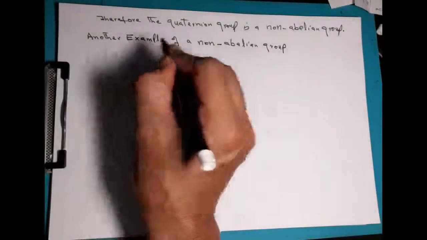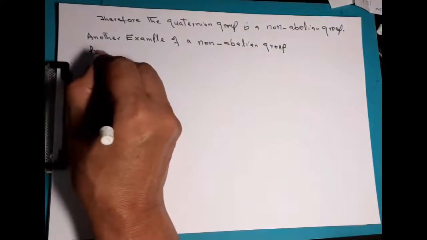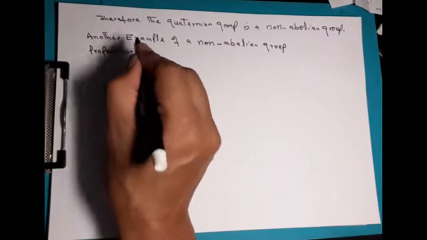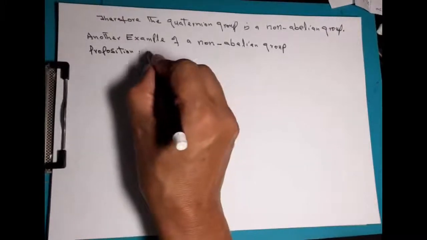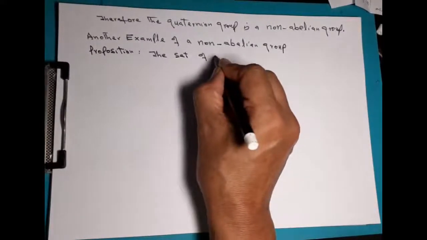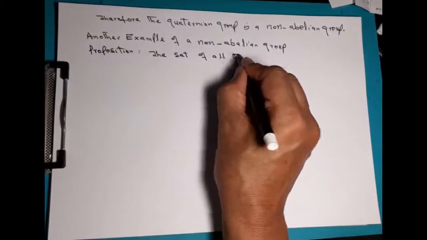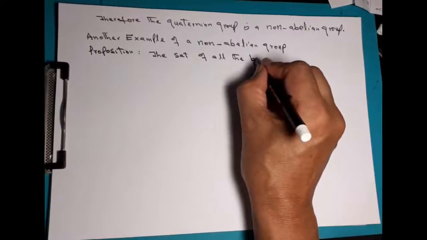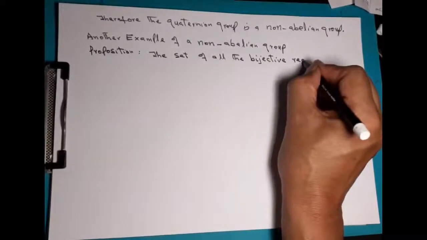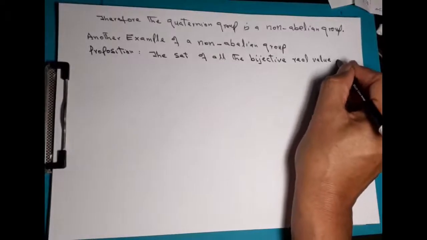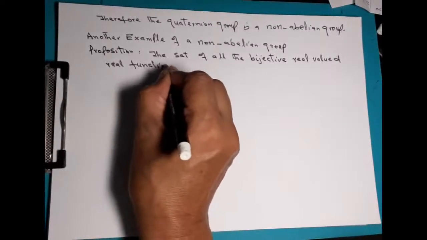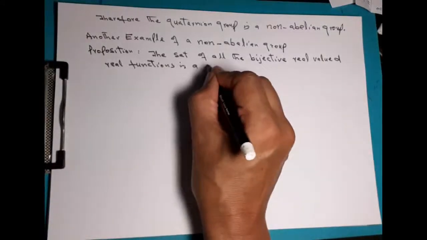So, let's write it as a proposition. The set of all the bijective real valued real functions is a group.